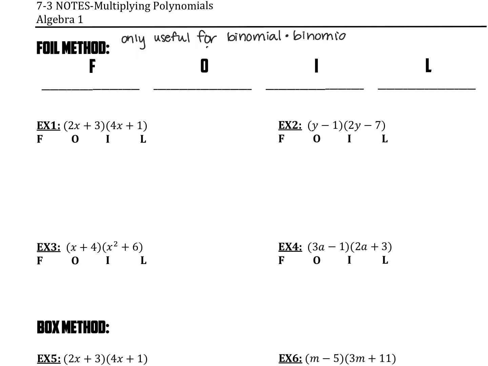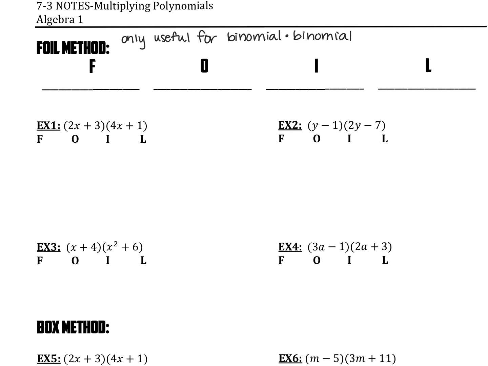So this method works best for a binomial multiplied by another binomial. Now, we can use it for other things, but the acronym of FOIL doesn't really hold up when we get to bigger terms than binomials. So remember, what's a binomial again? 2 terms.